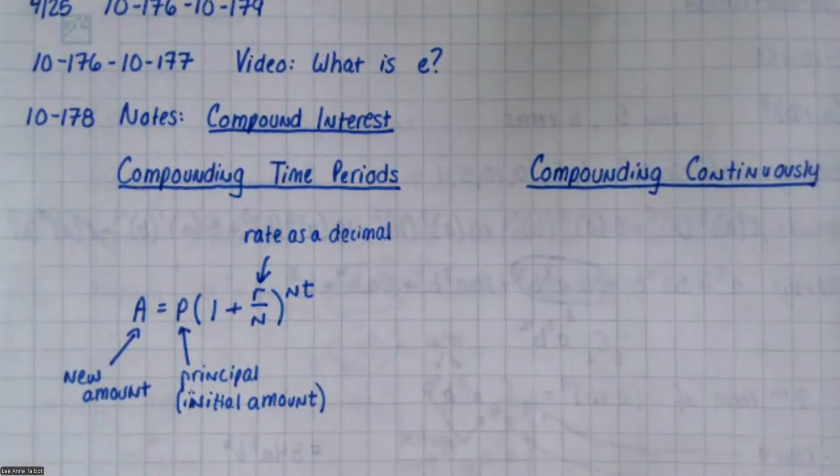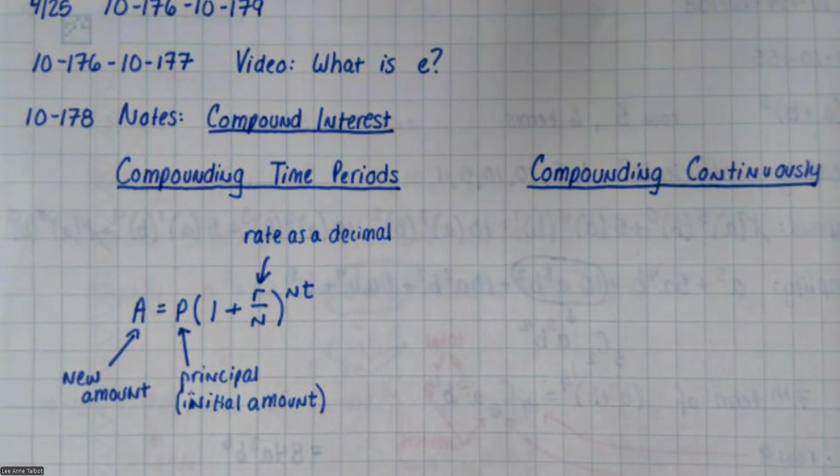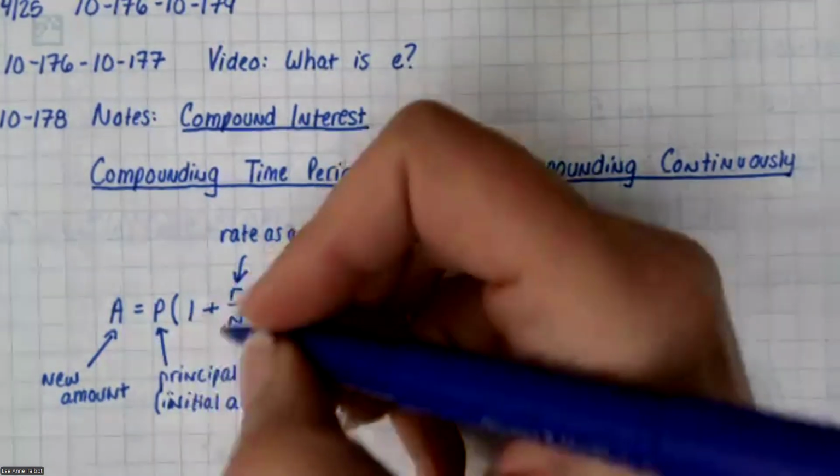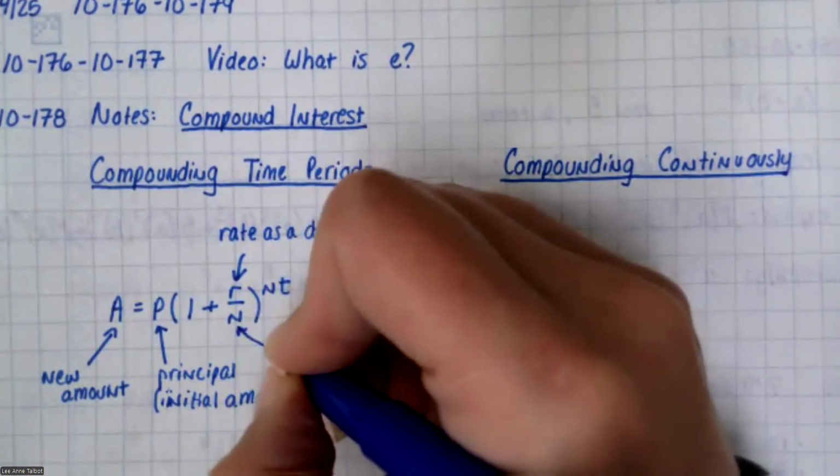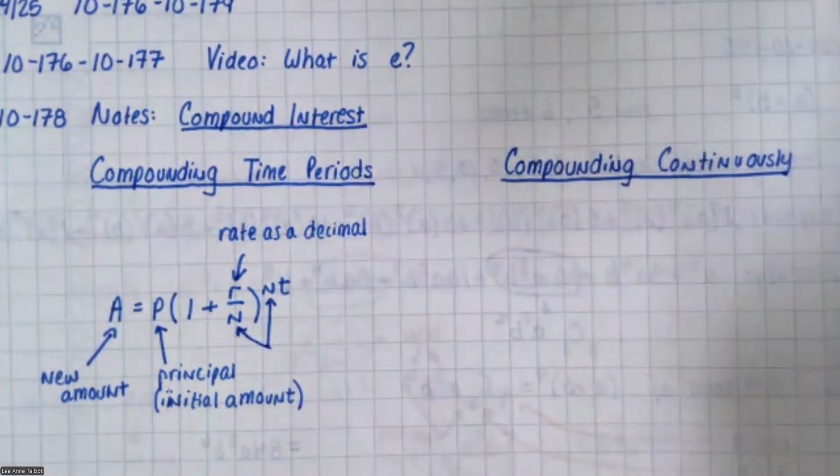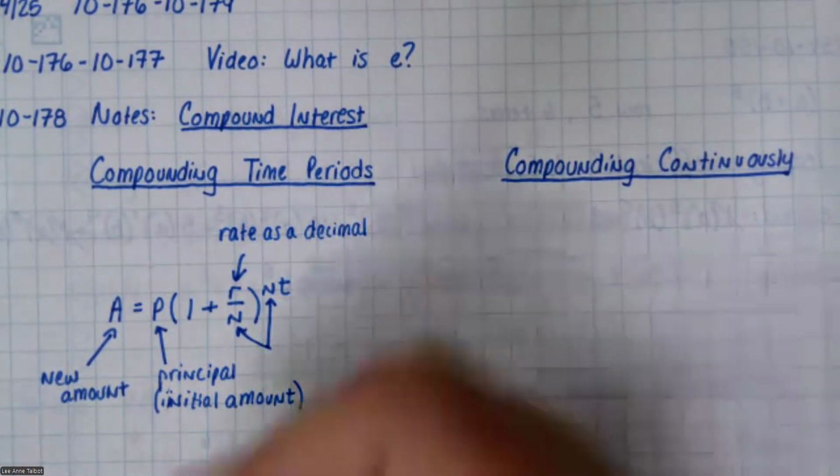R is the rate, interest rate as a decimal. She was going with 100% growth. That's not going to happen in real life. Think of all the squishmallows I could buy.